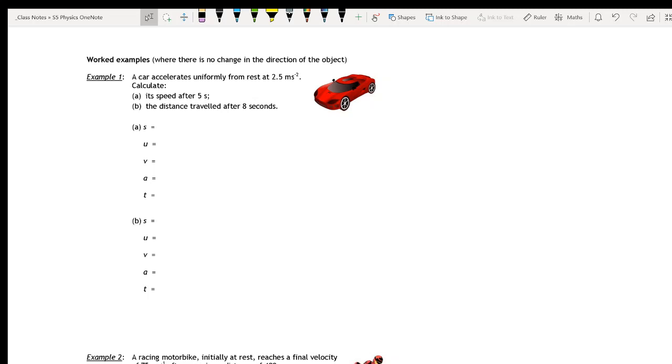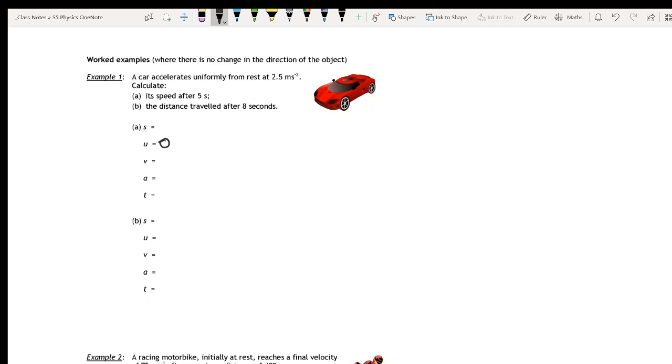Okay, so example 1. A car accelerates uniformly from rest at 2.5 meters per second squared. Calculate A, its speed after 5 seconds, and B, the distance travelled after 8 seconds. So we write down SUVAT, and then we fill in what we know. It accelerates uniformly from rest, so U is our initial speed, and it's going to be 0 because it's from rest.